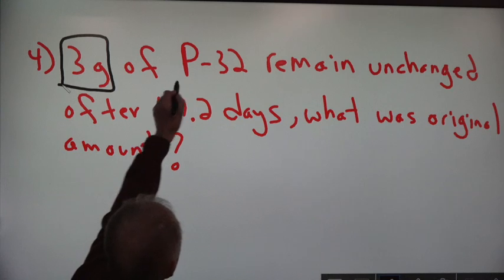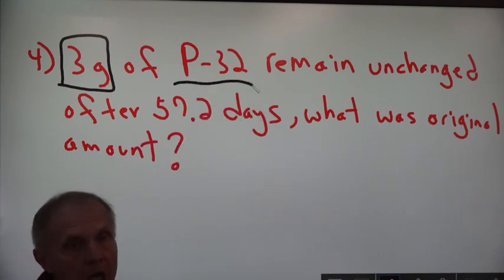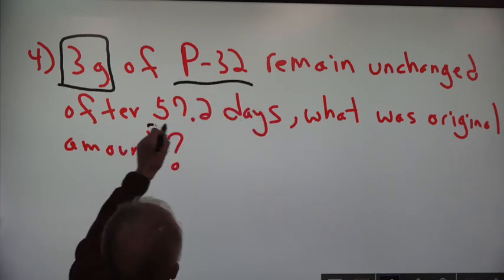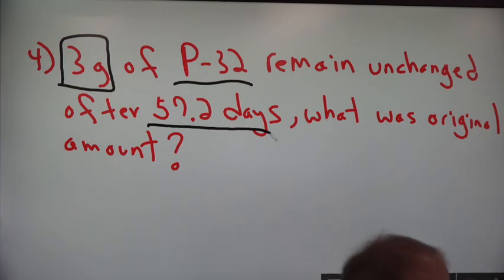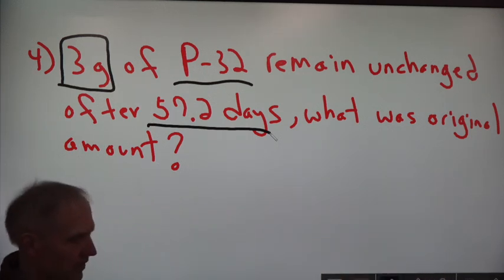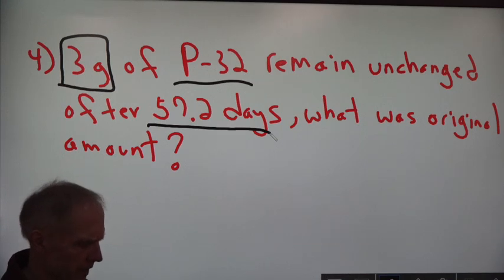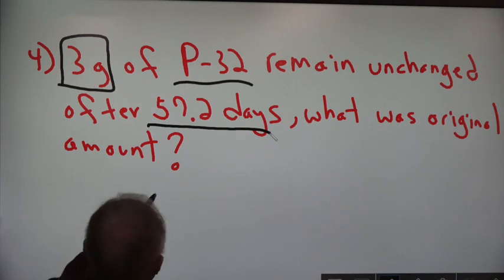They gave us the element P32, and they also gave us how many days it decayed. So we have to look for phosphorus-32 on here, and 14.28 days is the half-life.